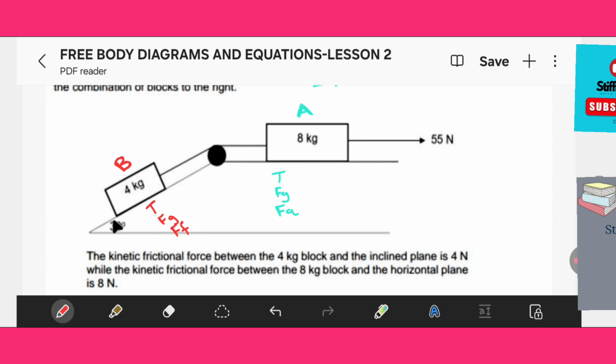So already you can see that this is on a plane, so also it will have normal force as well. So now we can see that we're having 1, 2, 3, 4 of the forces. Yes, so it's tension, gravitational force, frictional force, and normal force.